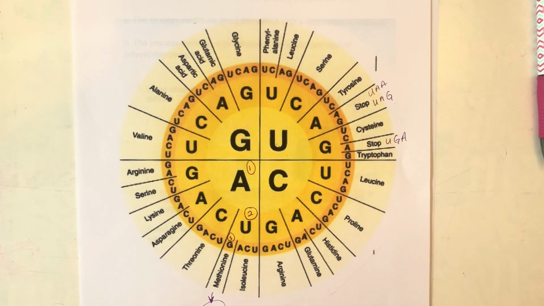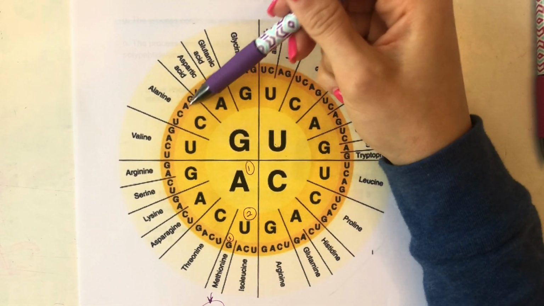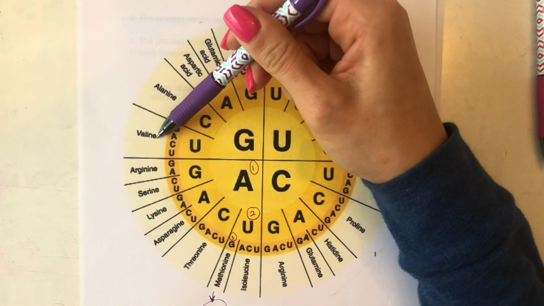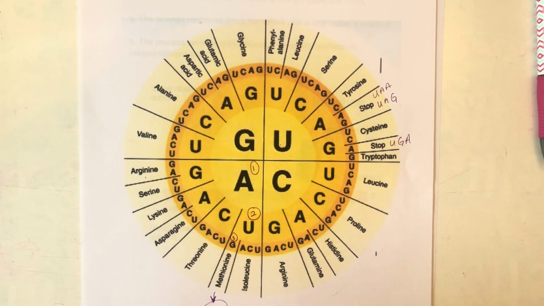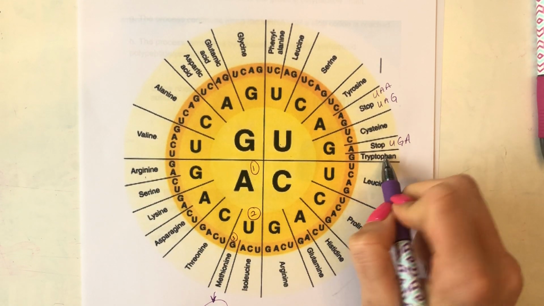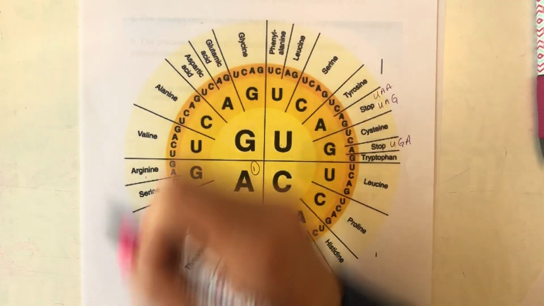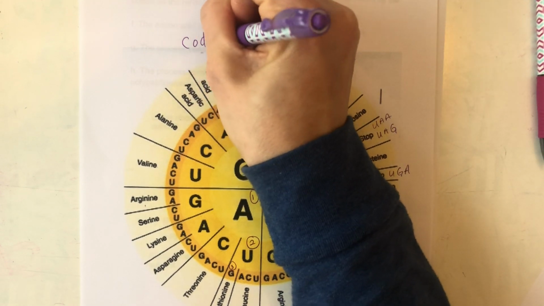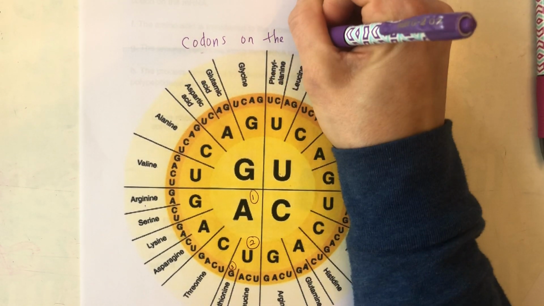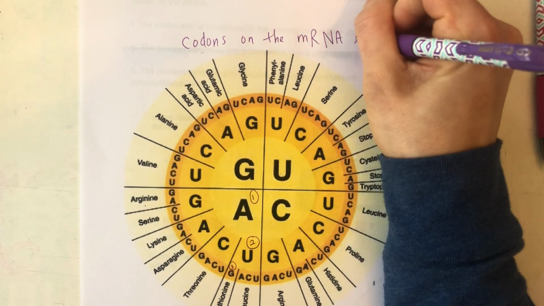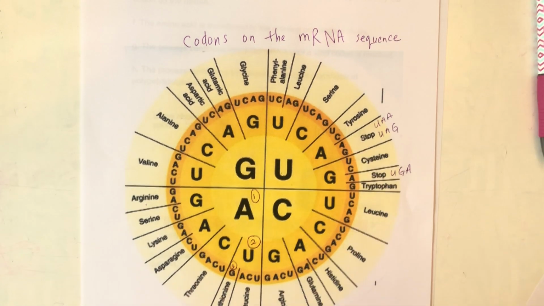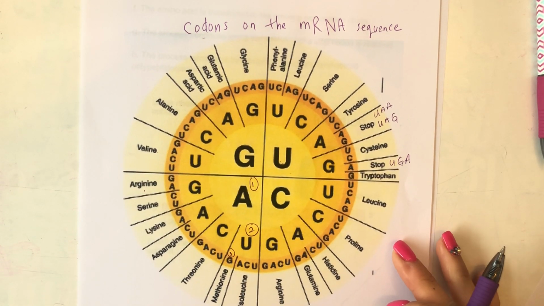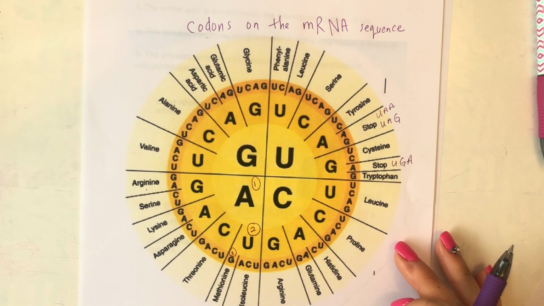Now the other combinations here, you may see that alanine has 4 combinations of codons to code for this specific amino acid. Valine, same thing. Arginine only has 2. Tryptophan has 1. These are specifically for the codons on the mRNA sequence. Okay, you read mRNA, and this is the tool that you need in order to determine what specific amino acids are making the protein that you have in front of you.